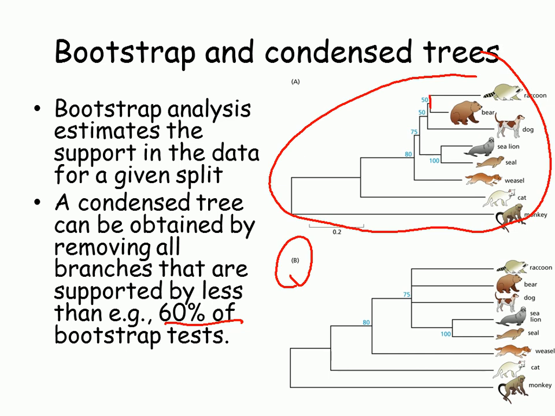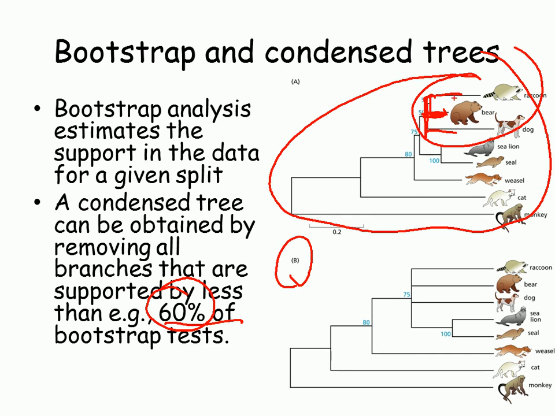Okay, so this clustering was supported 50% of the time. It doesn't pass my 60% threshold. That's why I'm going to do a flat clustering of this raccoon, bear, and dog. I don't have enough information to subcluster raccoon and bear out of dog. So this will be as one group.